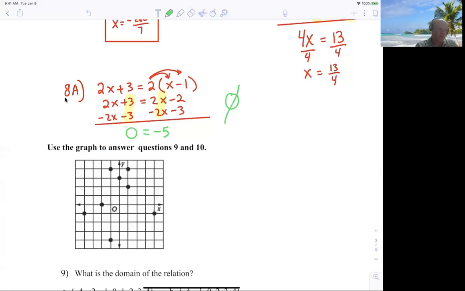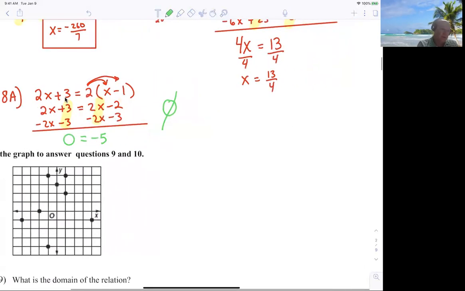So here we go. We're going to look at 8B now. 8B, I want you to write this: x plus 3 equals x plus 3. I've told you this many times. When does x plus 3 equal x plus 3? It always equals.